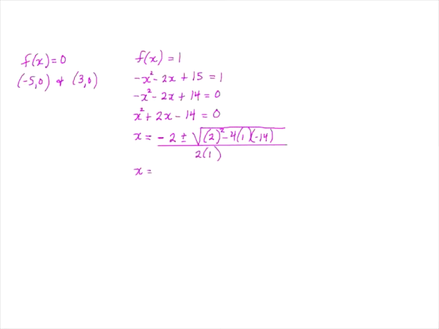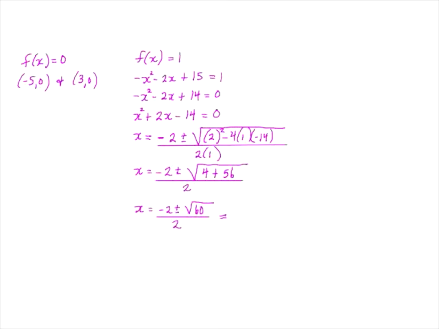So we have x equals -2 plus or minus the root of, that becomes 4 plus 4 times 14 is 56, all divided by 2. Here we have x equals -2 plus or minus the root of 60, all divided by 2.